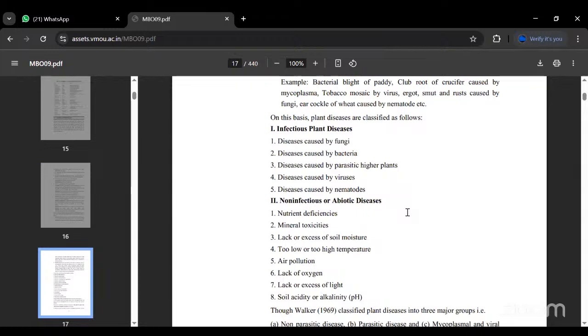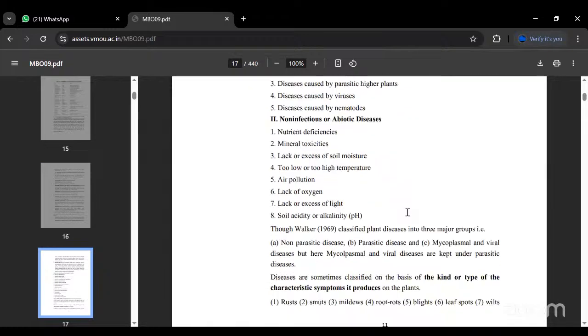Second, infectious plant diseases caused by fungi, bacteria, parasitic higher plants, viruses, and nematodes. Non-infectious diseases are abiotic: nutrient deficiency, mineral toxicity, lack or excess of soil moisture, too low or too high temperature, air pollution, lack of oxygen, lack or excess of light, soil acidity or alkalinity, pH.